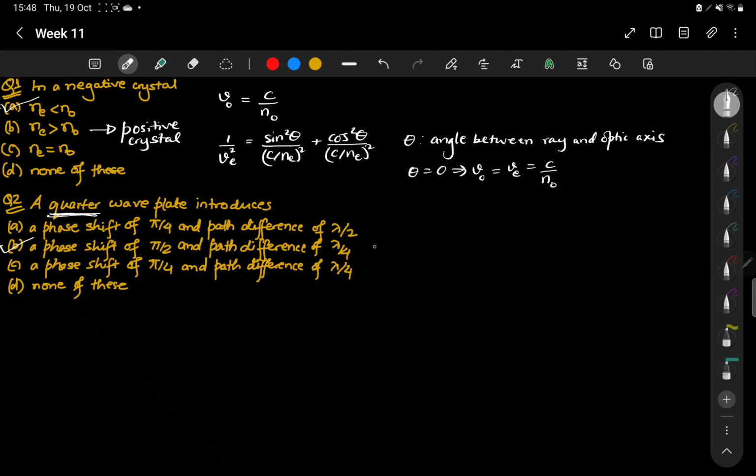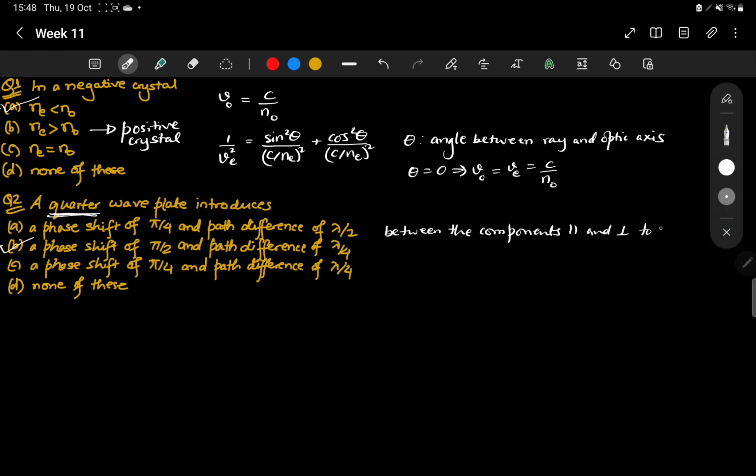Which components? This phase shift or path difference is between the components which are parallel and perpendicular to the optic axis.